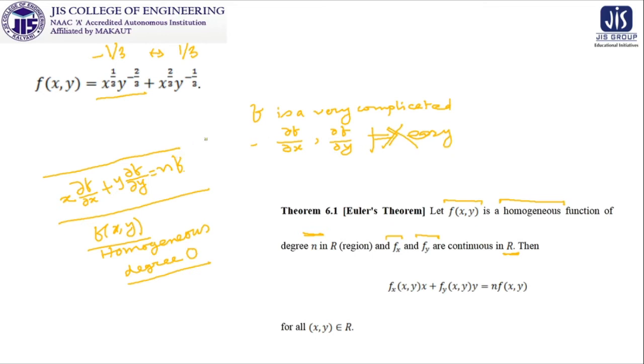But if we need x into del f del x plus y into del f del y, instead of calculating del f del x or del f del y, if we are able to check that f is a homogeneous function of degree n, then we can use Euler's theorem to get the answer.